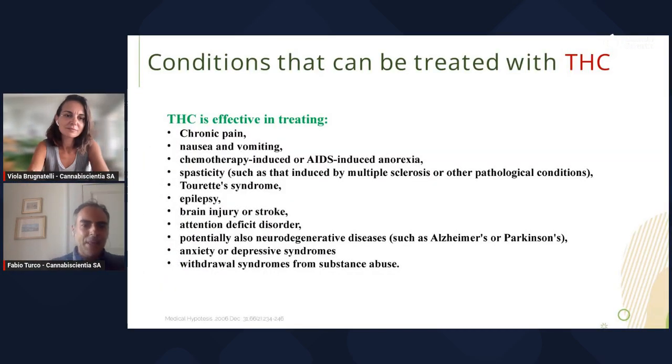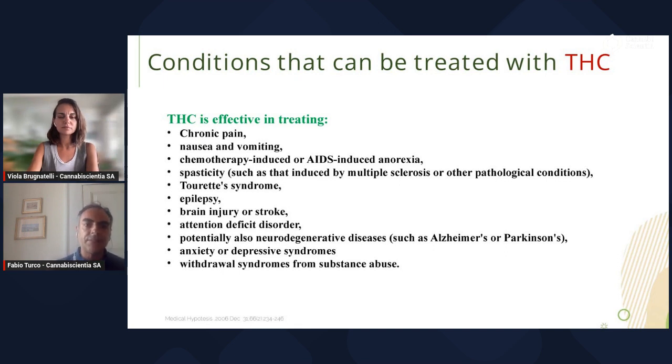By binding to these receptors that I've shown previously, THC exerts a wide range of pharmacological effects. Indeed, for example, THC is effective in treating chronic pain, particularly neuropathic pain, because THC can reduce the sensation of pain and also increase pain tolerance.